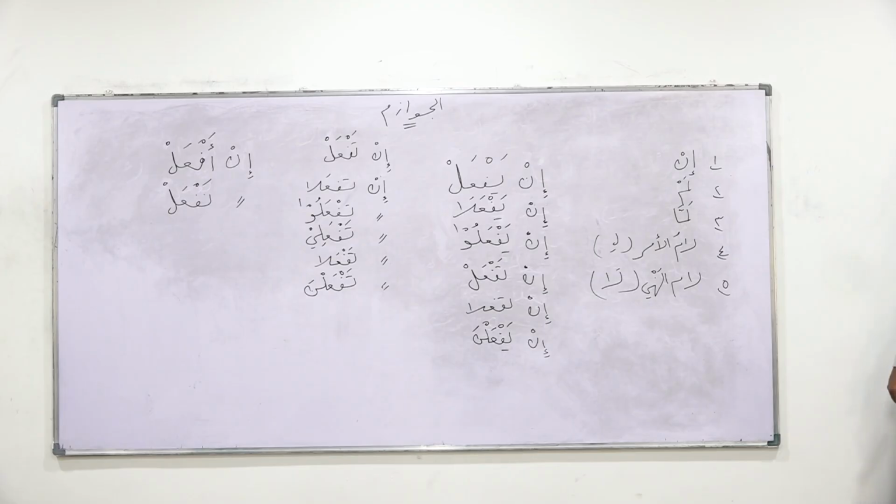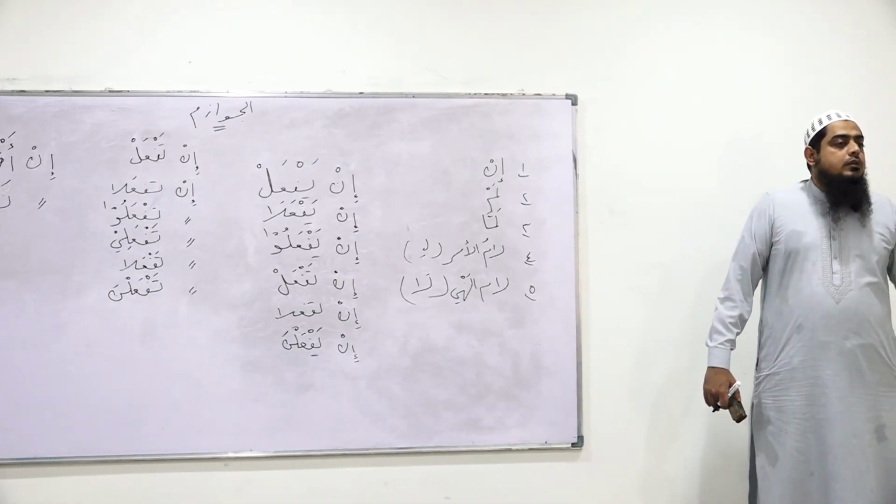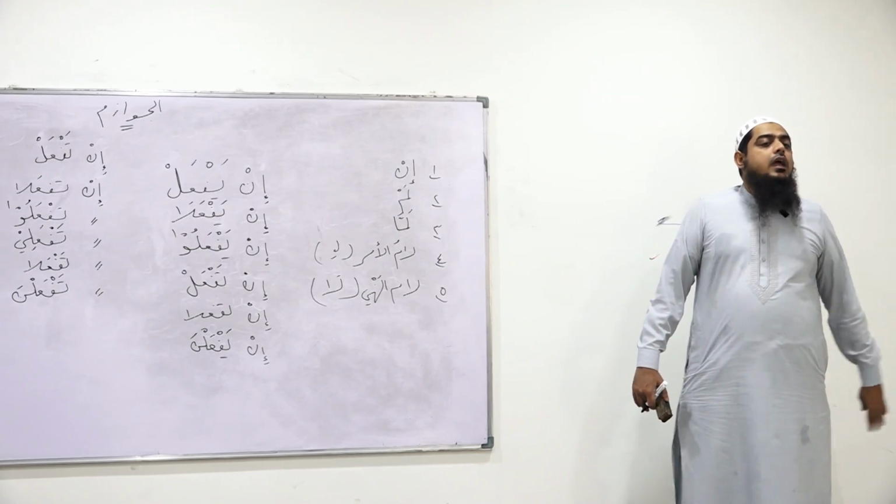Lam al-amr is used to give orders. Lam al-nahi is used to prohibit, used for stopping. La taf'al, don't do. La taktub, la tadrib, la tansur, like this. La taftah.